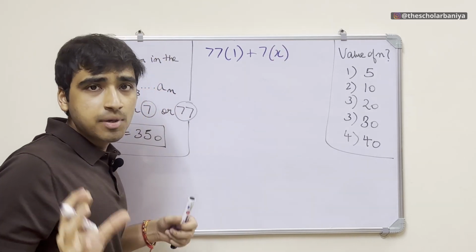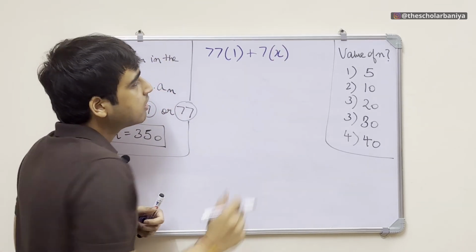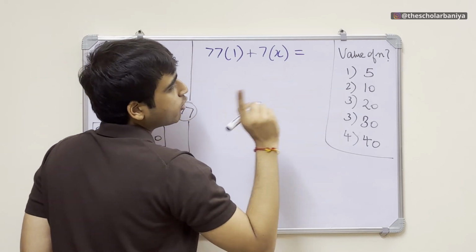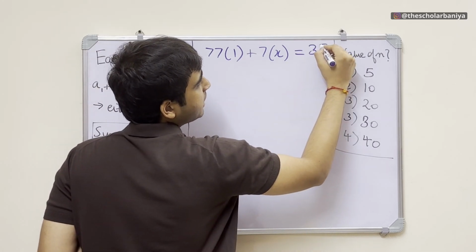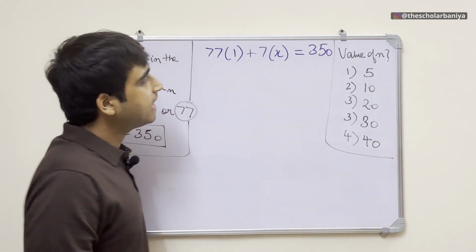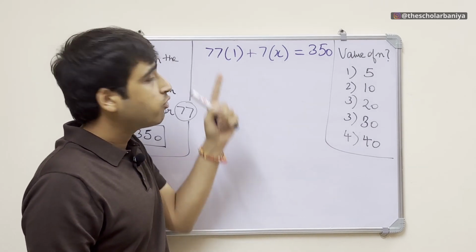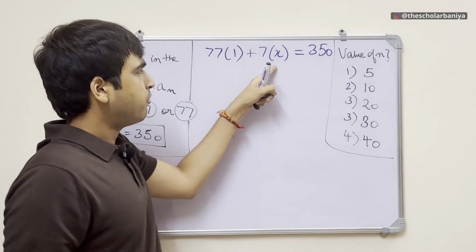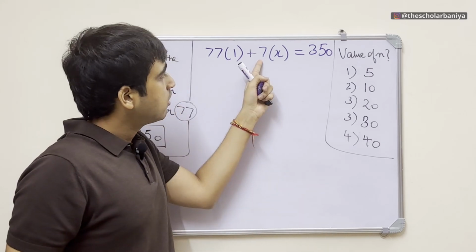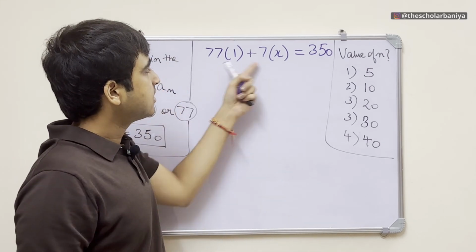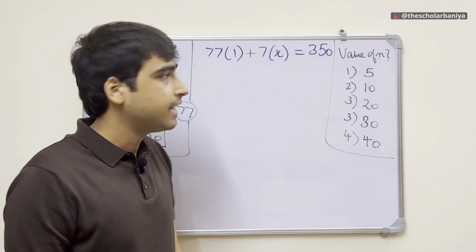We don't know how many numbers of 7 there are, but we know for sure that the sum is 350. I hope this should be clear. So what we did is we took one number of 77, and there are x numbers of 7. So we know that the sum is 350, right?